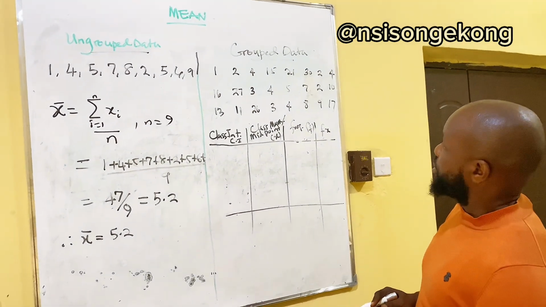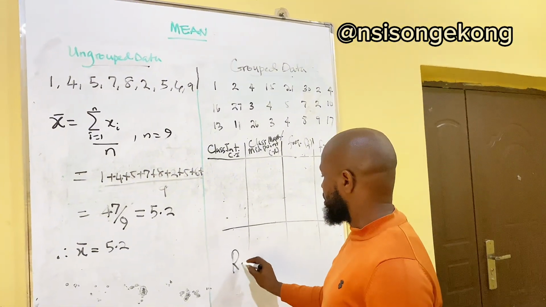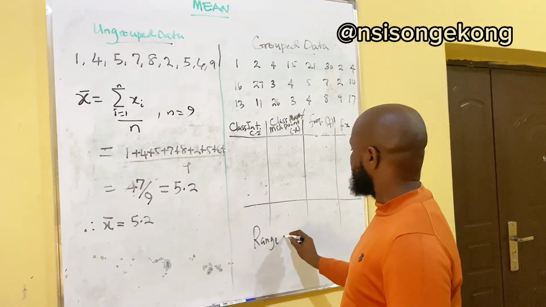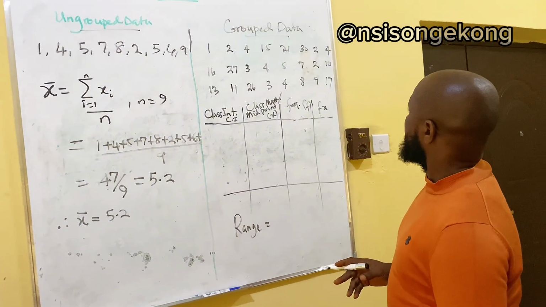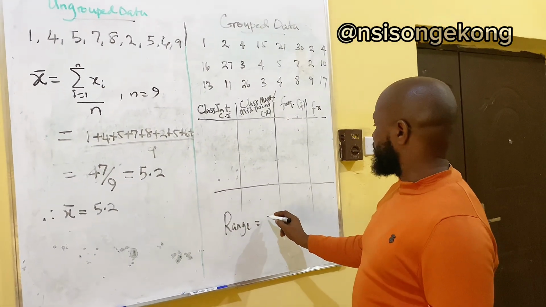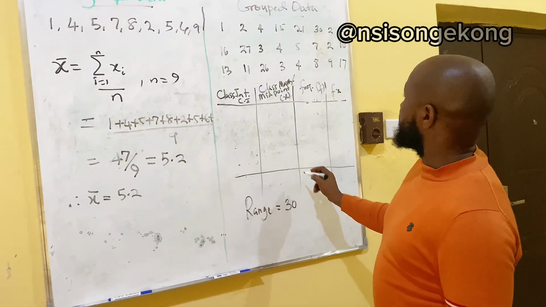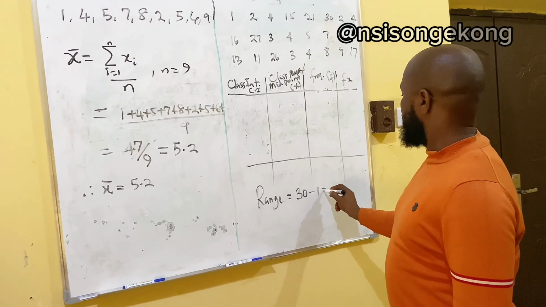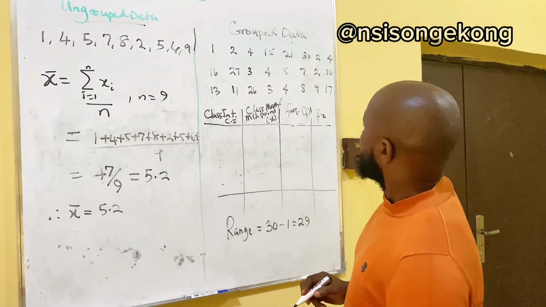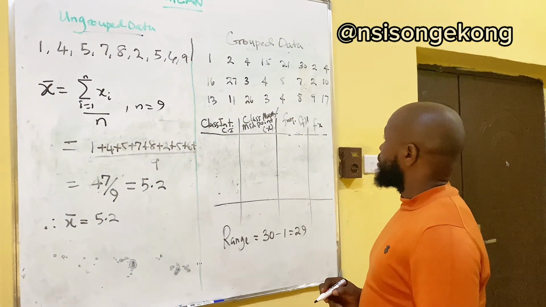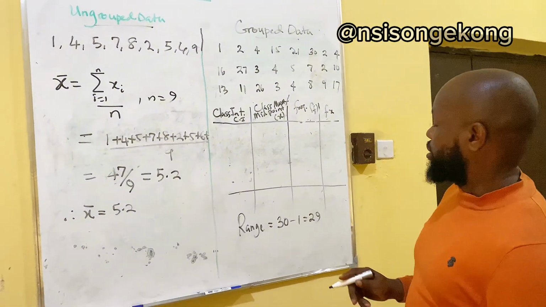For us to be able to partition the data set into classes, we need to know what our range is. Range is simply the highest value minus the least value. We have 30 to be the highest, and the least value here is 1, and this is 29. So, the next thing we need to do is to determine how many entries our classes should contain.